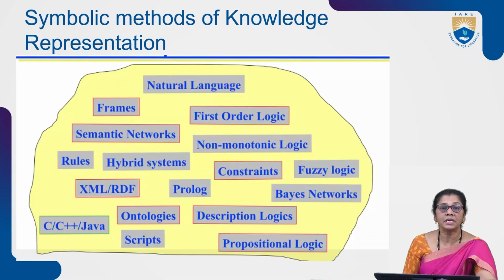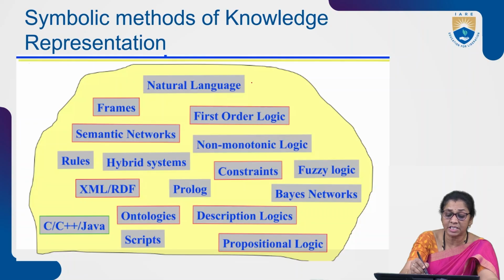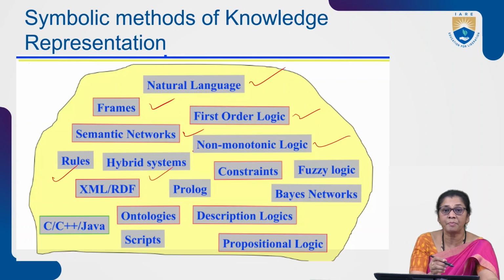Next, symbolic methods of knowledge representation. There is natural language understanding. We discussed in knowledge representation natural language understanding, frames, as I already told, first order logic, semantic networks, non-monotonic logic. What are the rules? Hybrid systems using different knowledge representation methods.